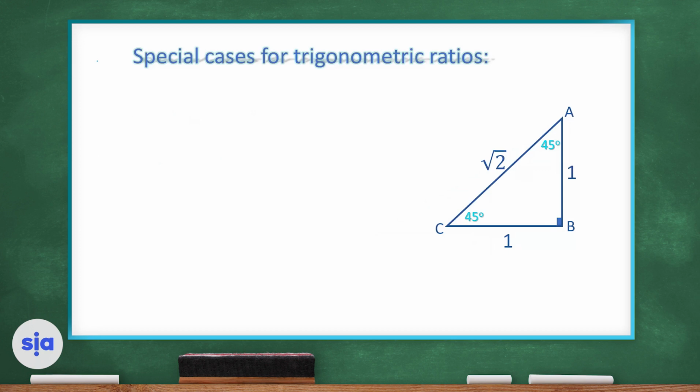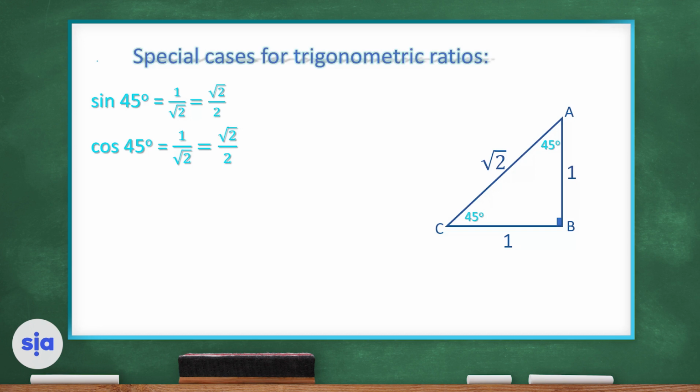The second case we have is the 45, 45, 90 triangle, which is a right triangle that has two angles equal in measure. So automatically we have two sides equal in length. If you can see this here, you will see that sine 45 is 1 over square root of 2, which is square root of 2 over 2, where cosine 45 is also 1 over square root of 2, which is square root of 2 over 2.